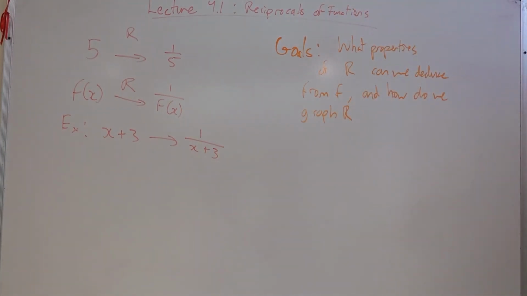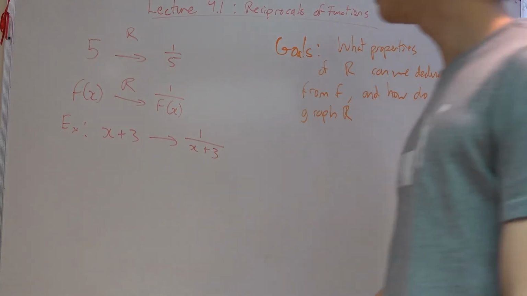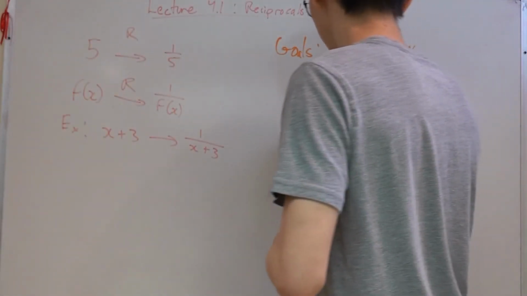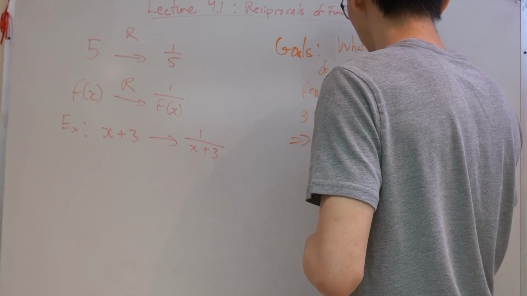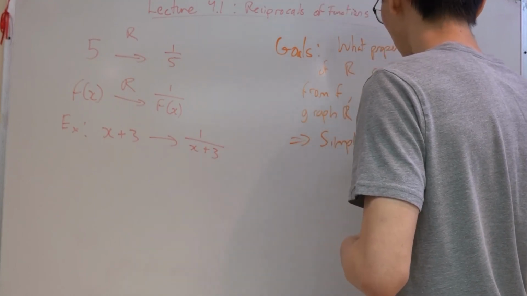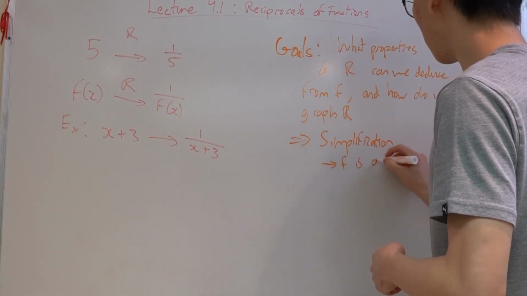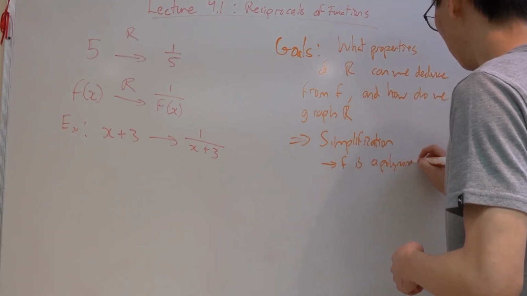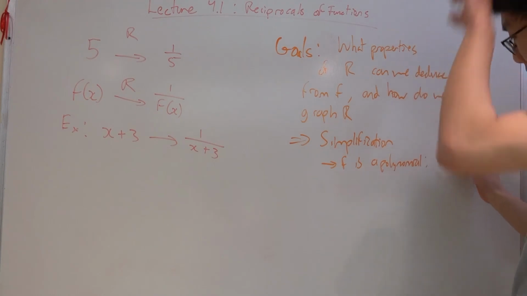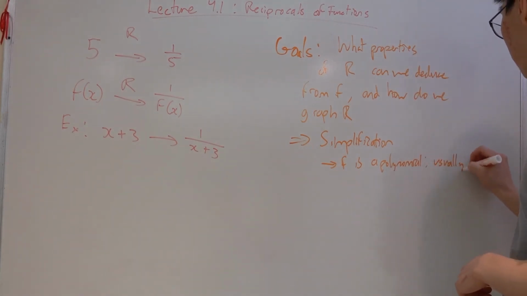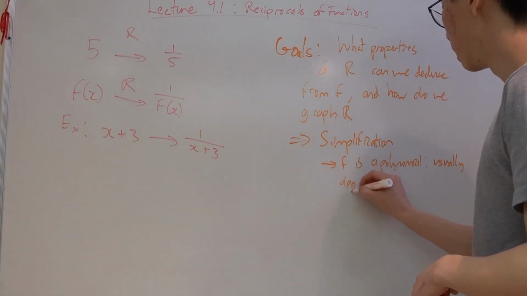And for the purposes of what we are doing today, we are only going to be considering f. So this is a simplification of the problem. We are going to consider the case where f is a polynomial, and for the most part, usually we're going to consider f with degree 2 or less.